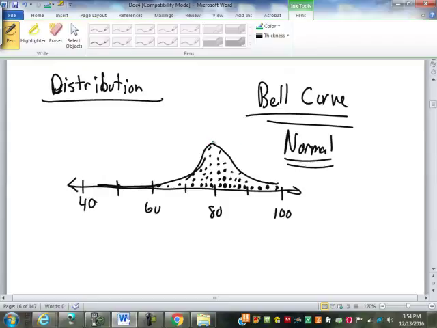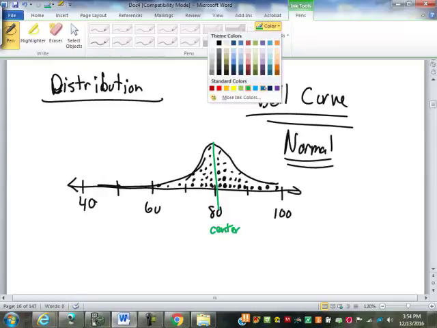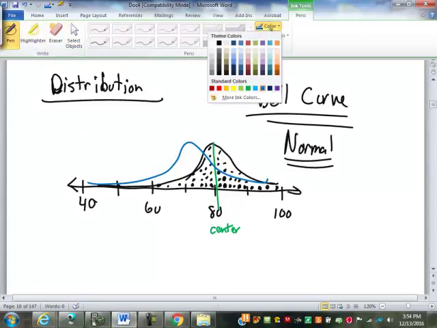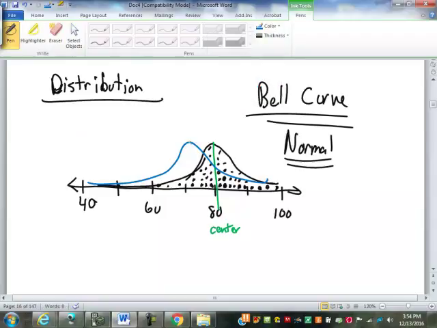One is the center of the curve. So if I'm looking at that curve versus this one here, how would you describe the difference between the blue and the black curve? The blue one is shifted to the left, or it's lower. It has this lower center.